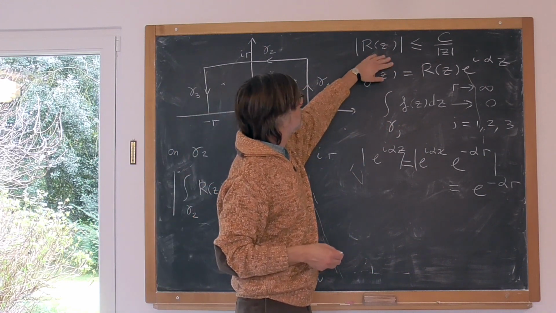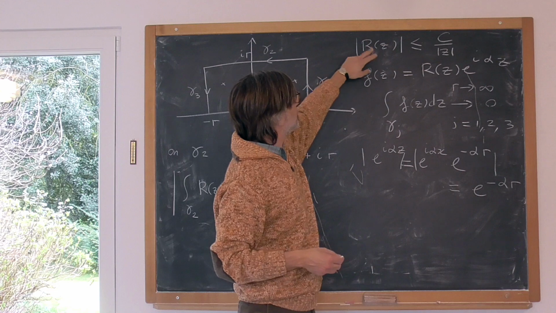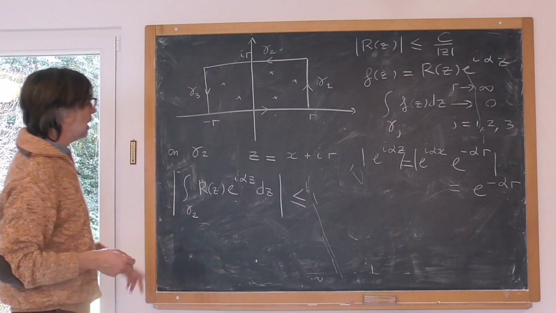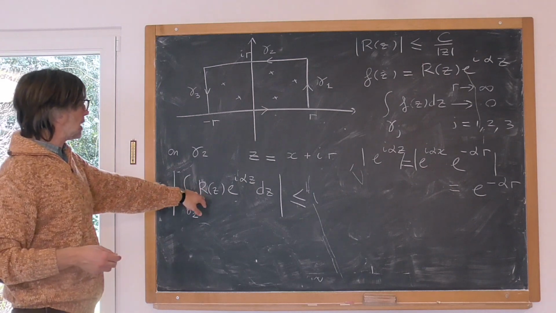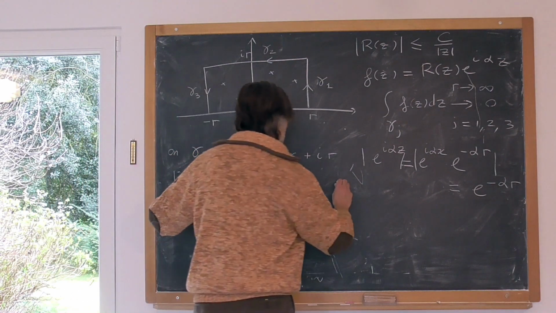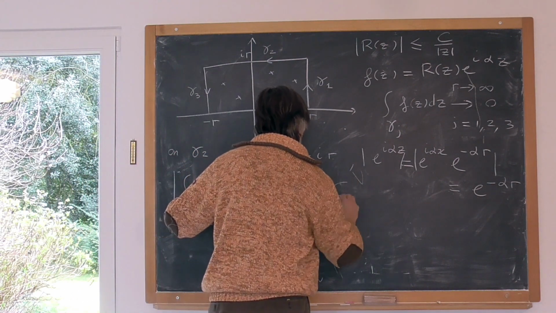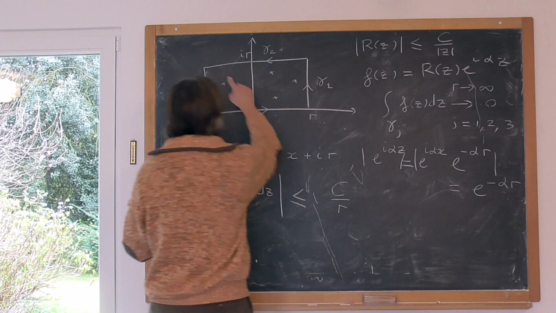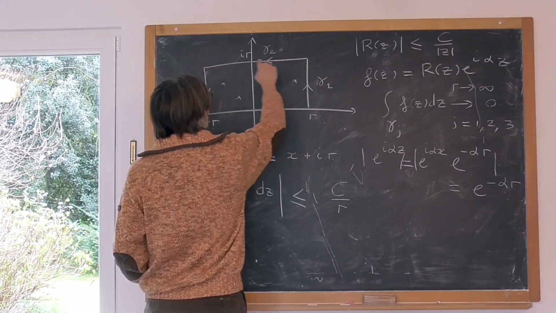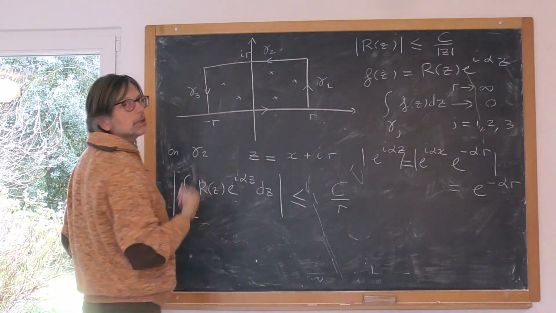Because R was P over Q, where the degree of Q was at least 1 more than the degree of P. So when we bound R, we take something like C over r, since the absolute value of our complex numbers here is at least r.